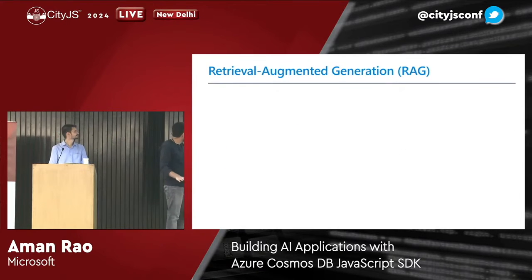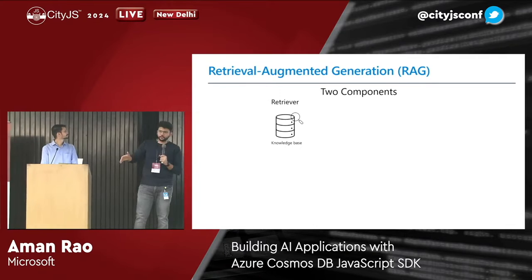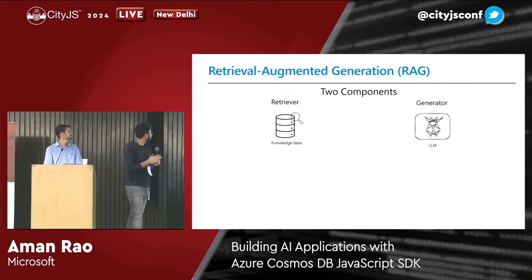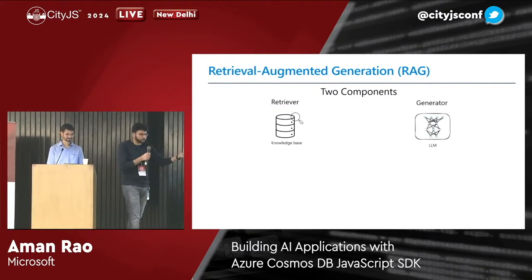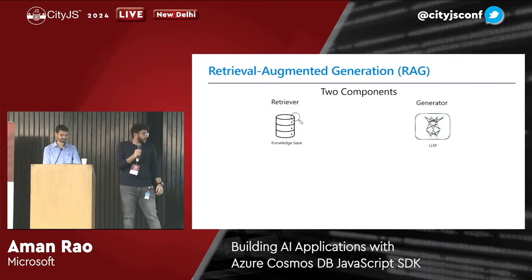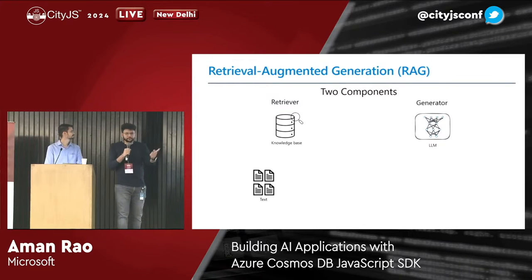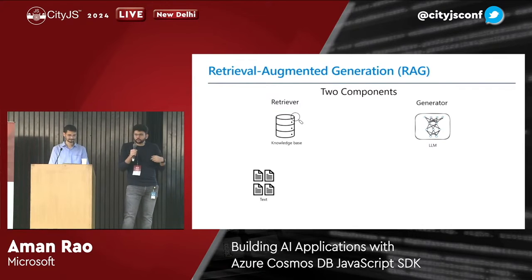So now I think we are done. We know all the three components. Now let's see how we can connect all these three components. RAG stands for Retrieval Augmented Generation, and it consists of two components, the retriever and the generator. The main work of the retriever is to retrieve sensible knowledge out of the vector database.